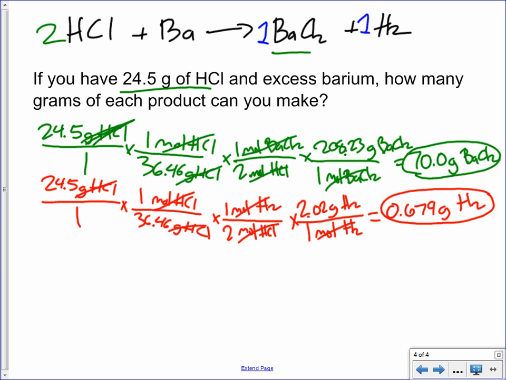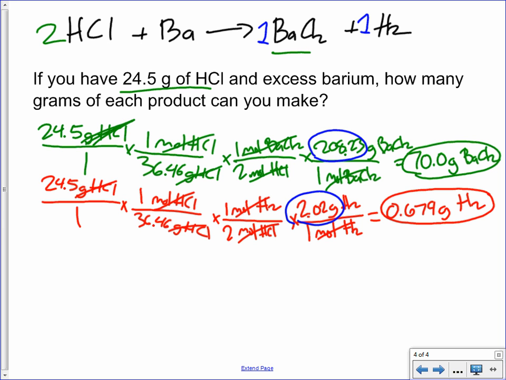So what happened is we had the same number of moles of barium chloride and hydrogen. The difference is a mole of barium chloride is much, much larger than a mole of hydrogen. Okay, look at the molar mass here. That's 1 mole of barium chloride. That's 1 mole of hydrogen. So those numbers is what accounts for the difference.